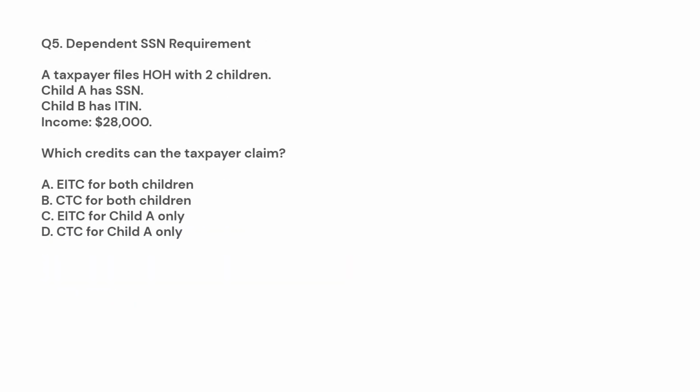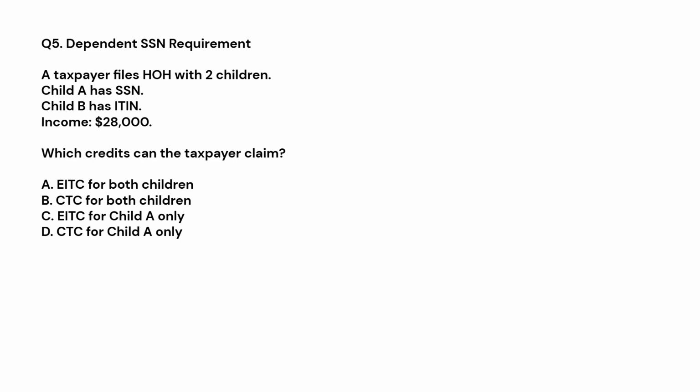Question number 5. Dependent SSN requirement. A taxpayer files HOH with 2 children. Child A has SSN. Child B has ITIN. Income $28,000. Which credits can the taxpayer claim? Option A, EITC for both children. Option B, CTC for both children.